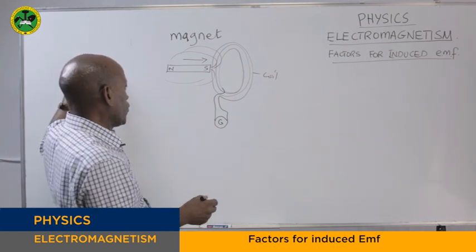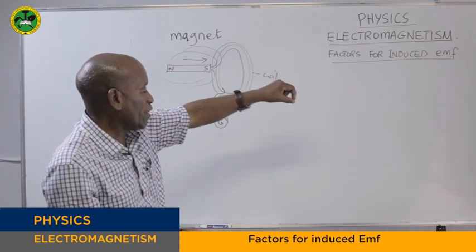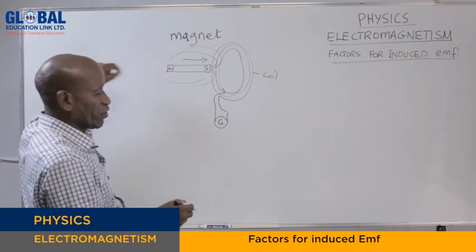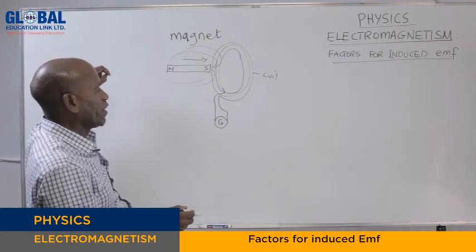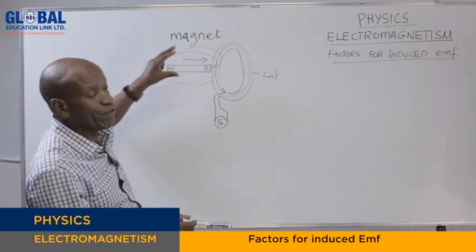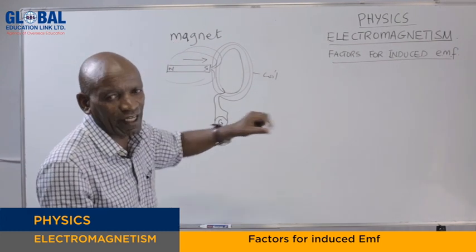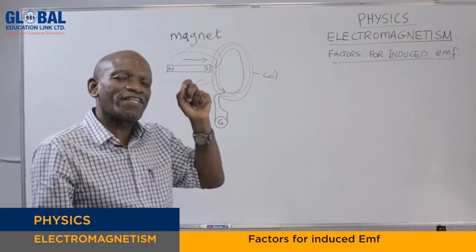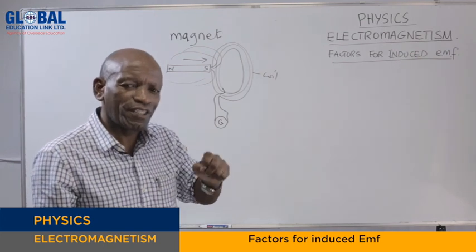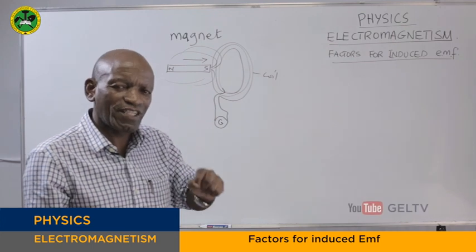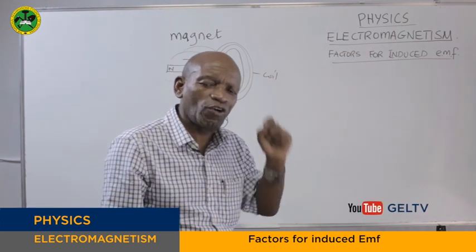Now, the process of pushing a magnet towards a coil, or withdrawing it away from a coil, will make the magnetic field of a bar magnet interacting with a coil vary. And the induced EMF will only be obtained whenever there is such a variation of the interaction of a magnetic field with a coil.